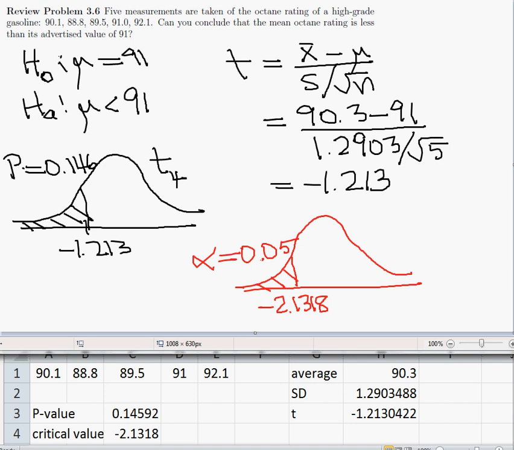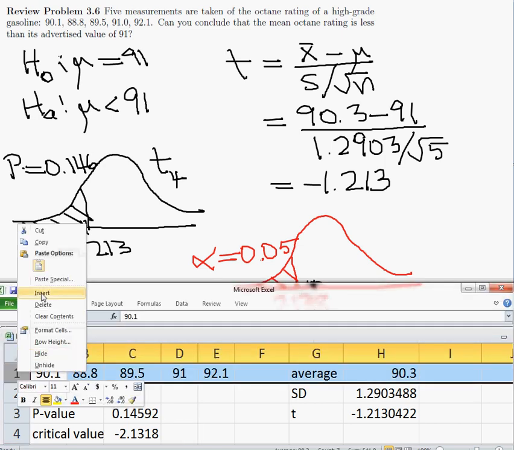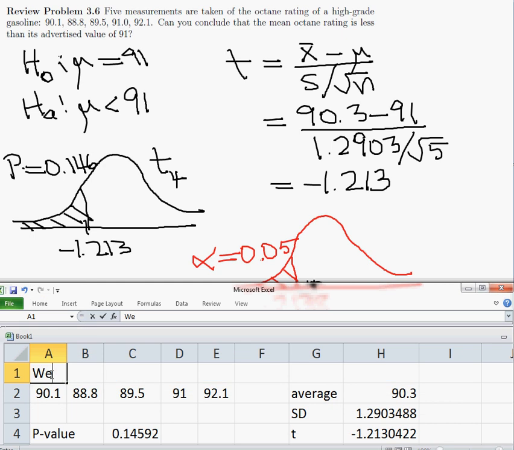In our case, the value of negative 1.2 falls over here someplace, not in the shaded region. And so our decision will be, we failed to reject the null hypothesis.